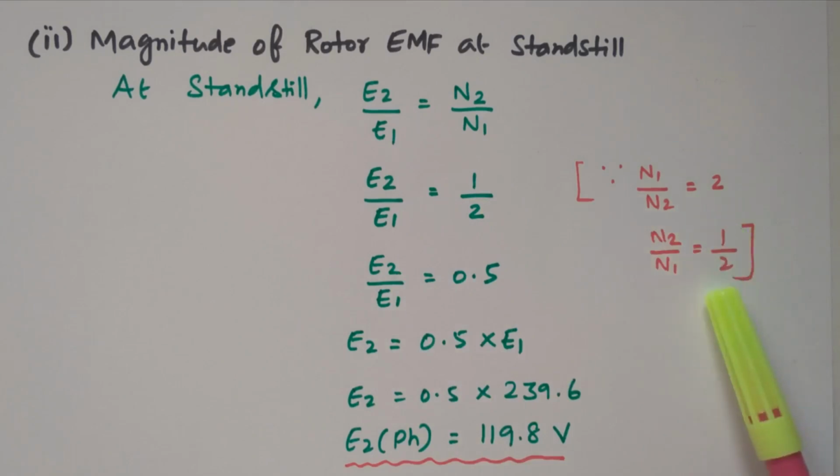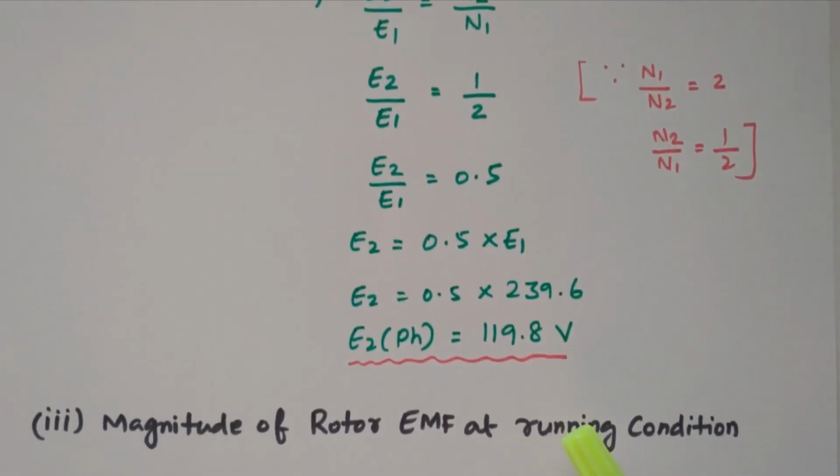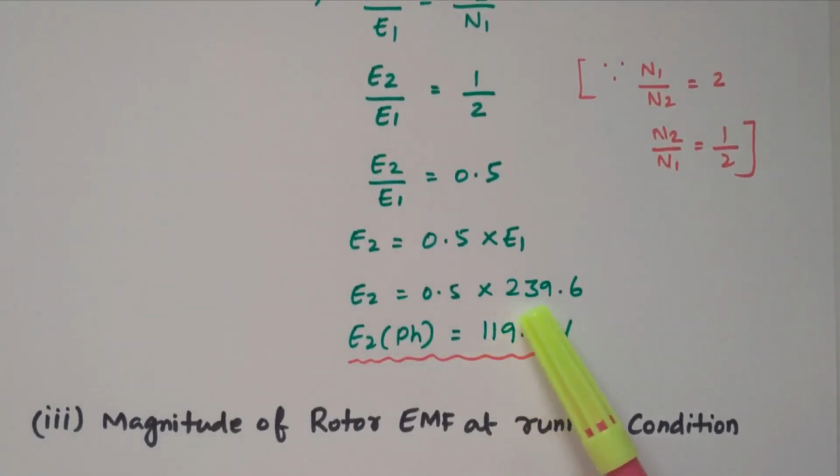Cross multiplying, E2 equal to 0.5 into E1. E1 is already calculated as the phase value, 239.6. The line value was given, and from that we calculated the phase value. So 0.5 into 239.6. By simplifying this, what did we get?